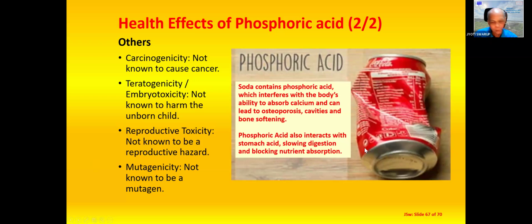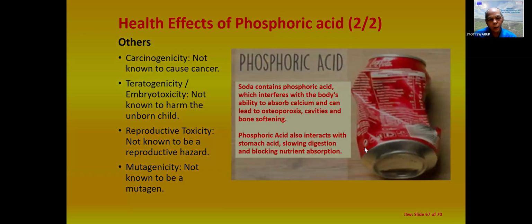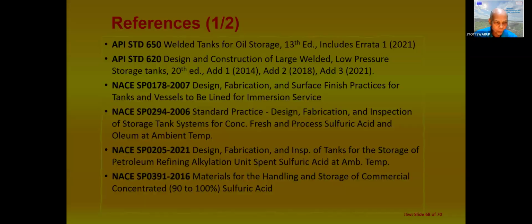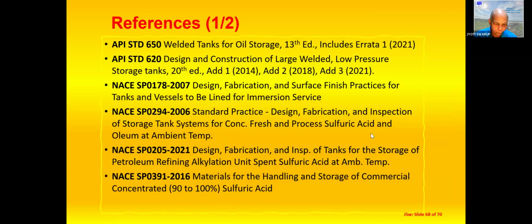So this was my last slide for today, except that I now have only the references that we use, giving the details of each of the references. The main codes being API 650 and 241. The other codes are referenced as we go along, depending on the application.